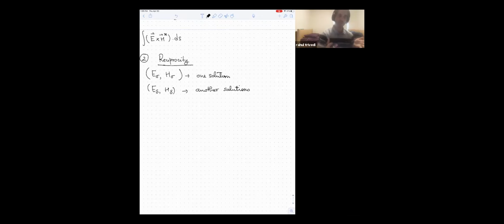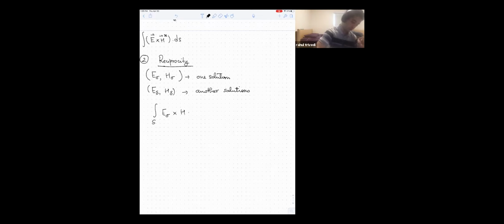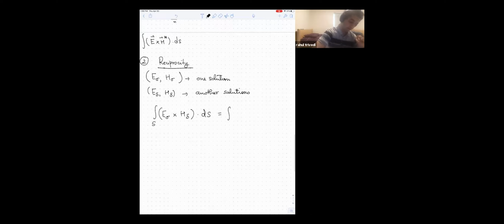Because these satisfy Maxwell's equations, it is very easy to show the following symmetry property: if you take a closed surface S and integrate E sigma, the electric field of the first solution, cross H delta, the magnetic field of the second solution, across the surface, we are constructing something that looks very much like a Poynting vector, but it involves the electric and magnetic fields of two different solutions. You have E sigma cross H delta equal to E delta cross H sigma.